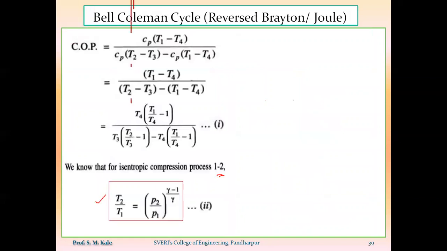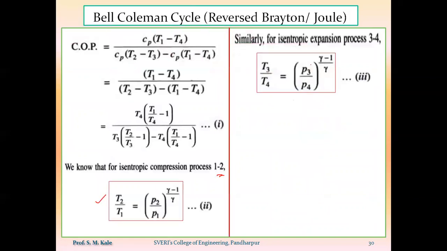in this equation, instead of P3, I can write P2, because P2 is equal to P3. And instead of P4, I can write P1, which is equal to P1 raised to gamma minus 1 upon gamma.